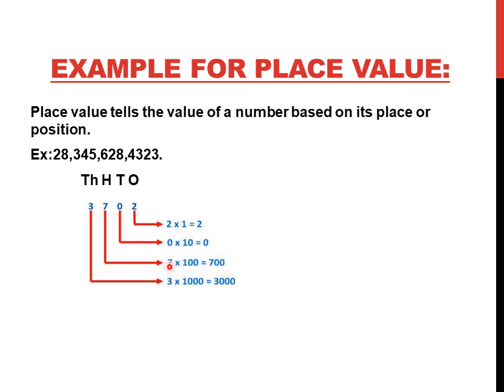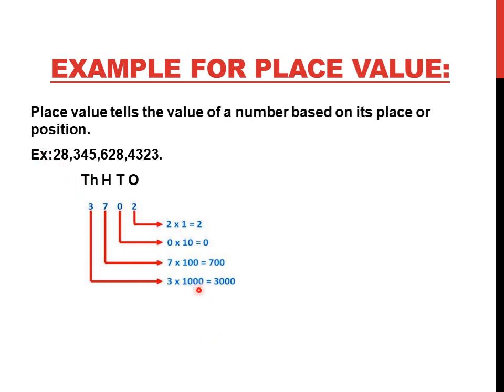How did we get 700? Just see, 7 into 0 is 0, 7 into 0 is 0, 7 ones are 7. Next, in thousands place we have number 3. 3 is in which place?